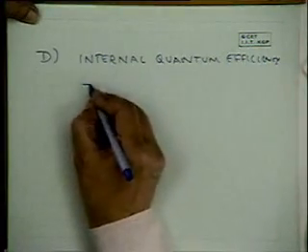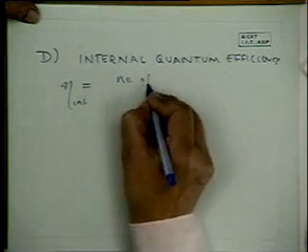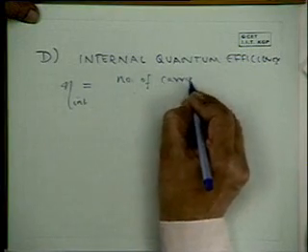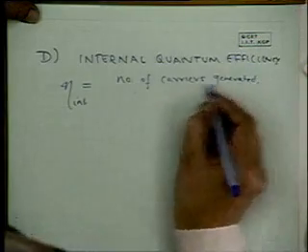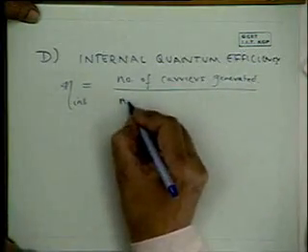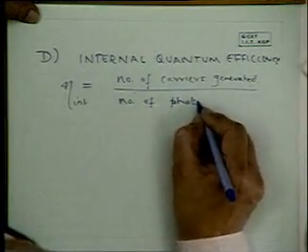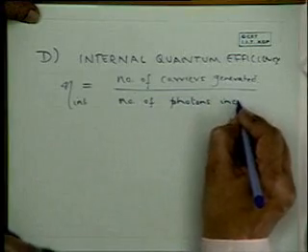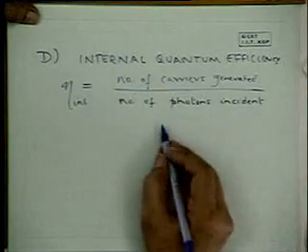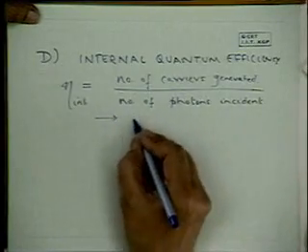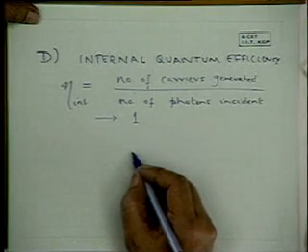It is the number of carriers generated to the number of photons incident. In the case of quantum detectors, this can be approaching almost 1.